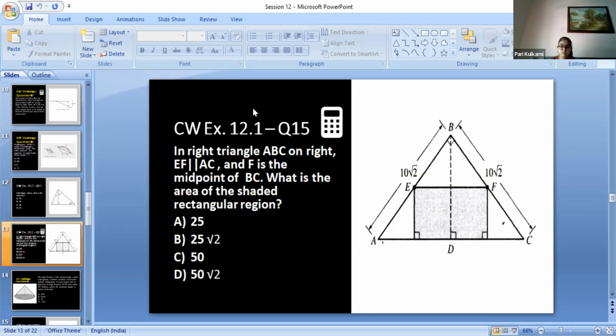Sir, option C. Okay, Pari is saying C. You also got C. Yes, option C.